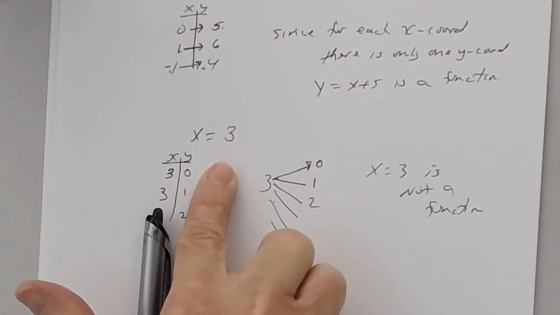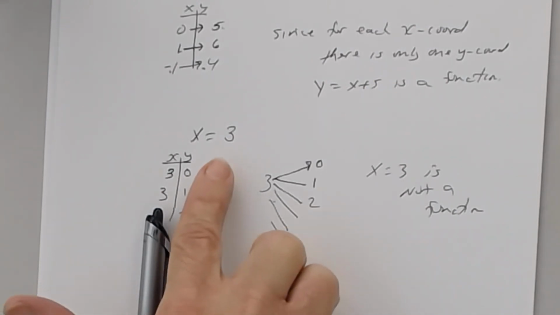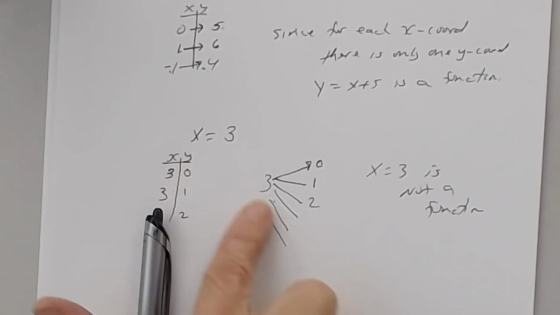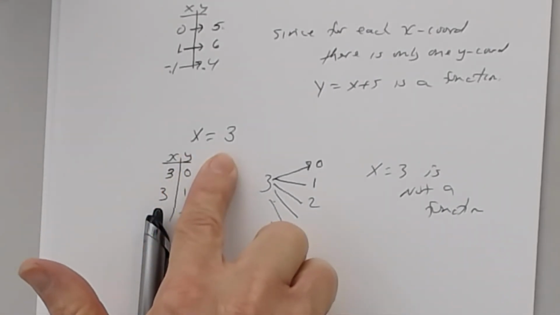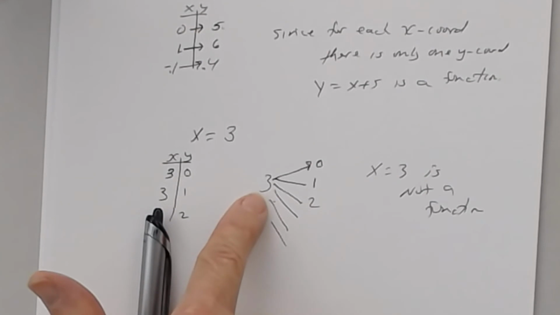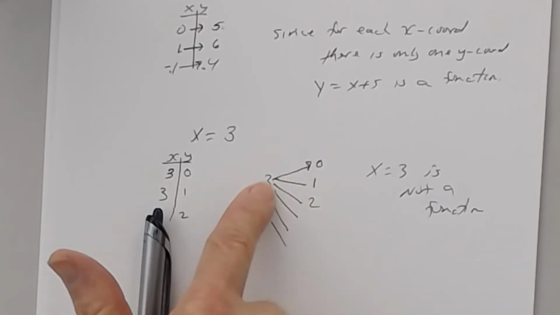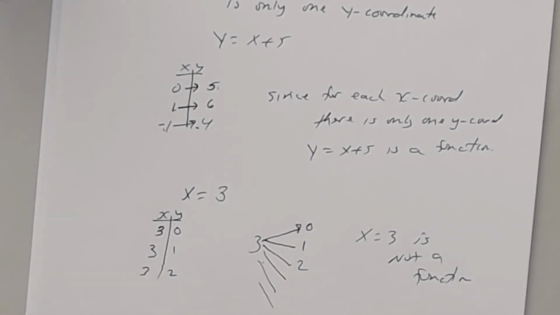And when we talk about the vertical line test, you'll see a little better why a vertical line is not a function. But notice when x is 3, or x equal 5, or whatever it may be, you have an infinite number of y values for x. So it's not a function. It's very important that you know the definition of function in order to do the problems we're about to do.